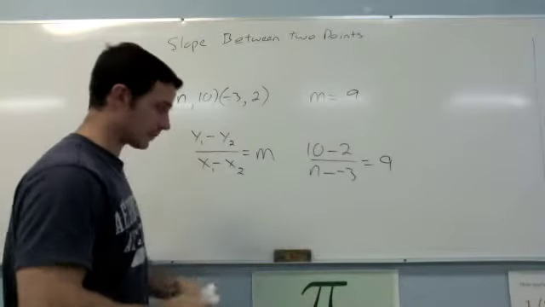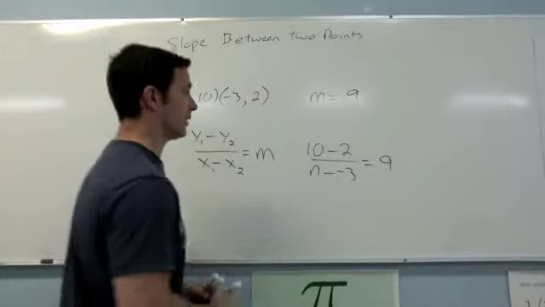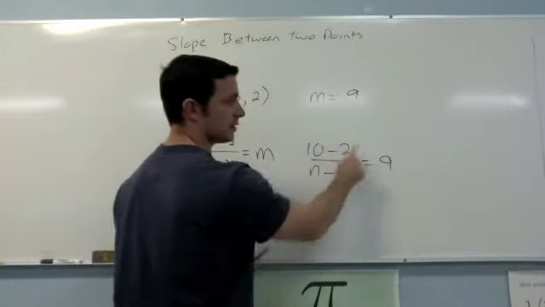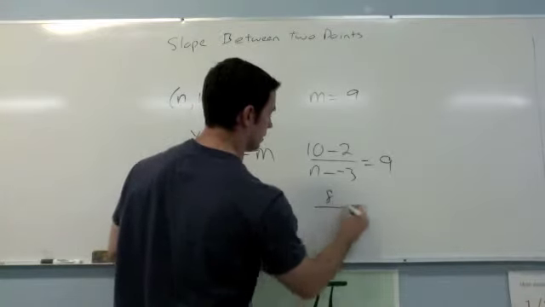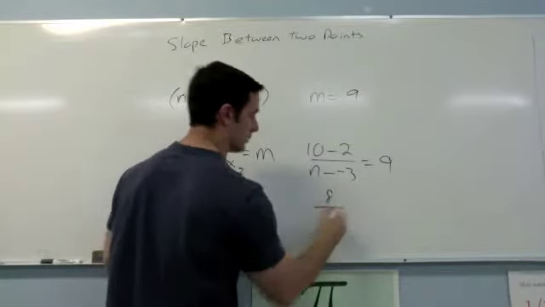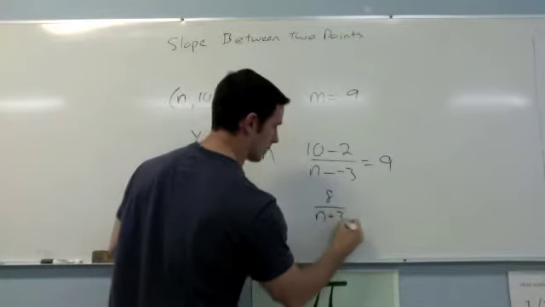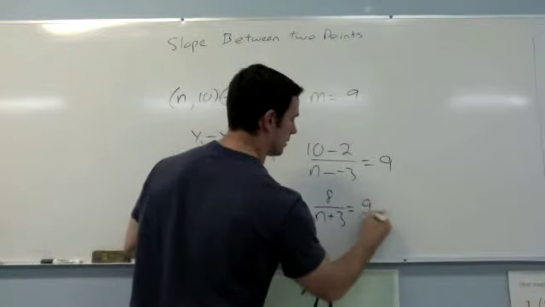Okay? From here, simplify anything that can be simplified. 10 minus 2, that's just going to give me 8 over, this would become a plus, n plus 3, equal to, I'm going to put a 1 underneath this, 9 over 1.